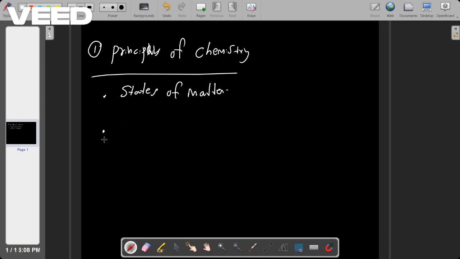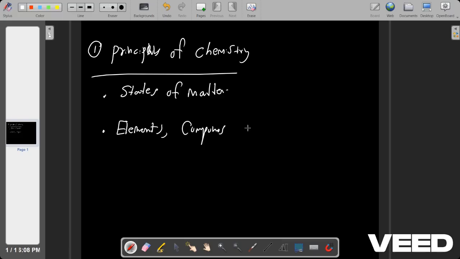Then elements, compounds, and mixtures. We are going to discuss the differences and the similarities between them. Elements, compounds, and mixtures, right?